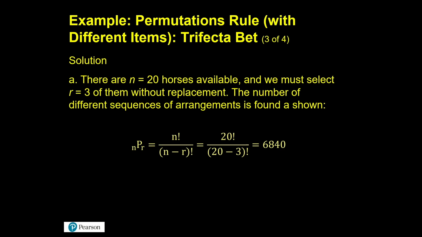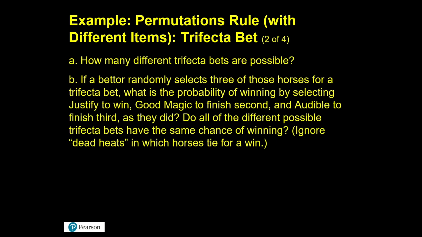All right. And then if we look at part B, what's the other question they ask us? If a bettor randomly selects 3 of those horses for a trifecta bet, what is the probability of winning by selecting Justify, that's the name of one of their horses, Good Magic, and Audible to finish in first, second, and third place?